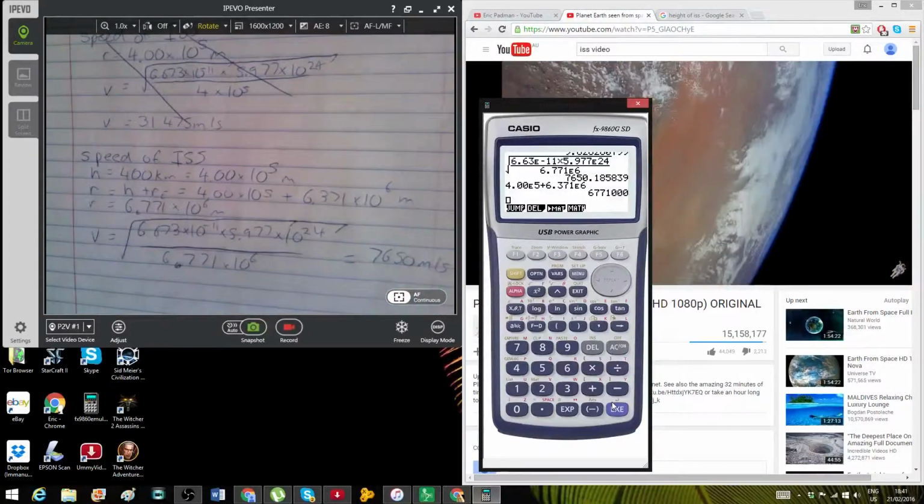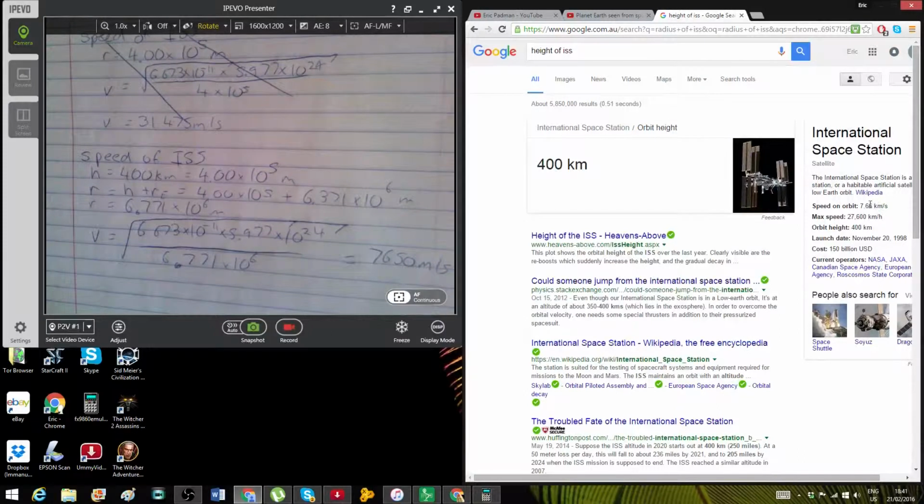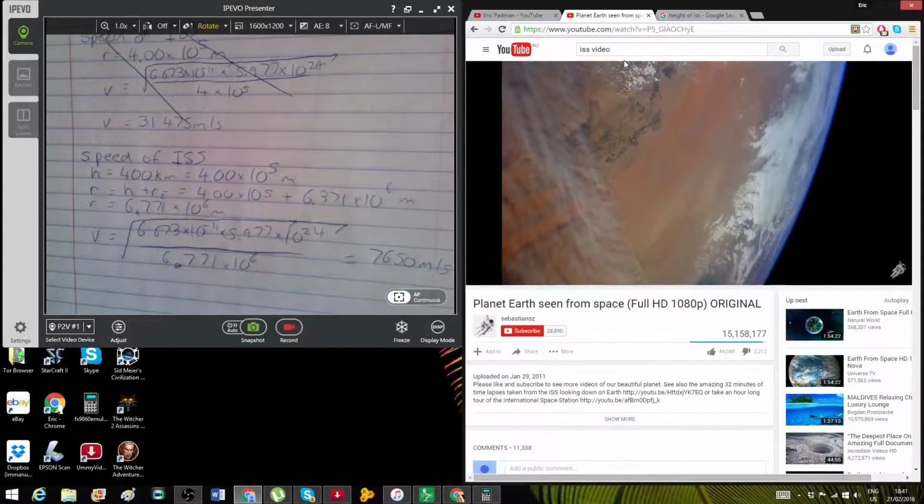Now let's have a look at that, because I did see tabulated data, and yes, that's correct. About 7.66 kilometers per second is what they say over here. So about in the right ballpark.